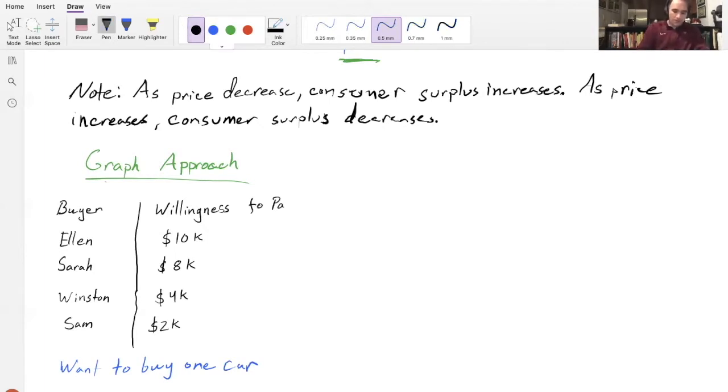Let's just try to draw out the demand curve really quickly.